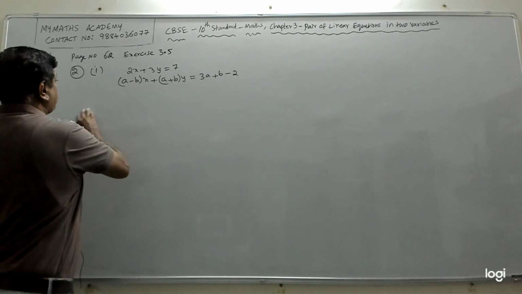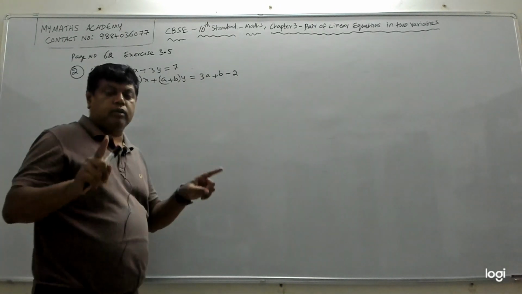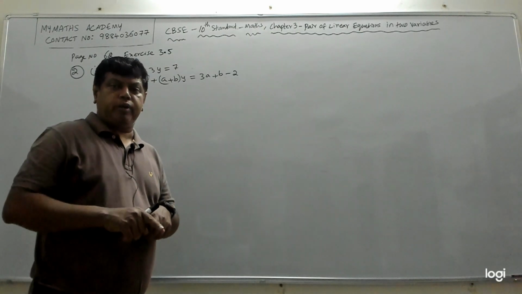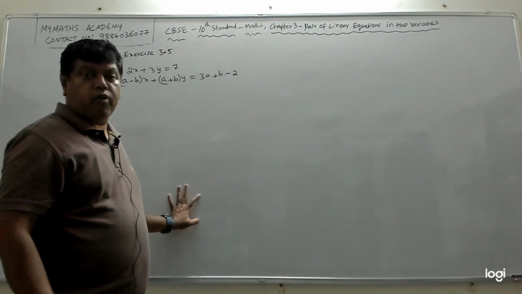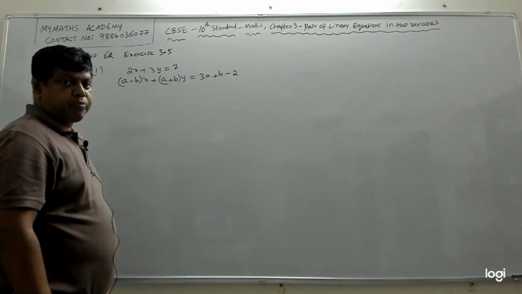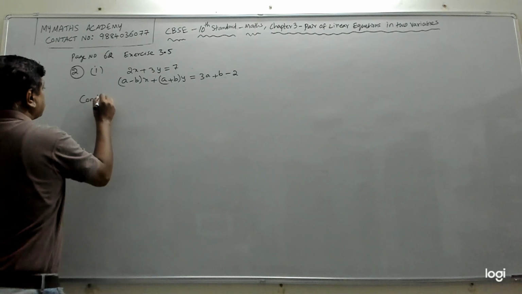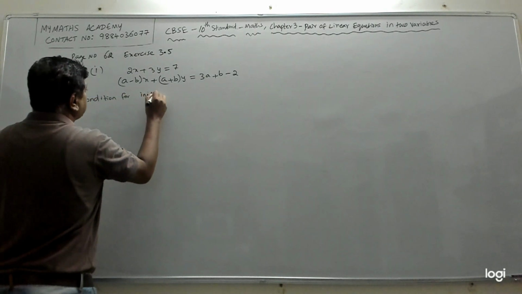To find that, we need to check the ratio, which is on page number 46 in your textbook, table 3.4. All of you refer to page number 46, table 3.4 for checking the condition for infinitely many solutions.